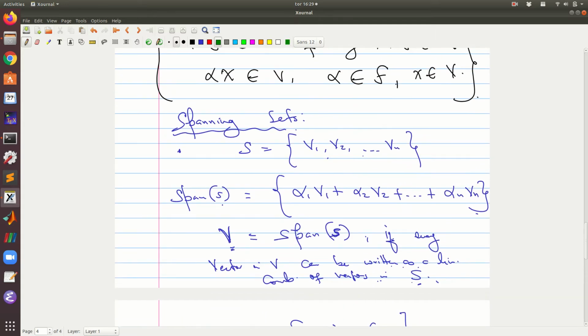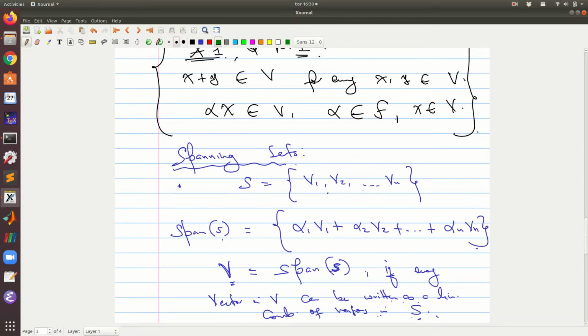I hope it makes some sense. We have a set S which contains these vectors here. In that example we had (1, 1) and (2, 2).